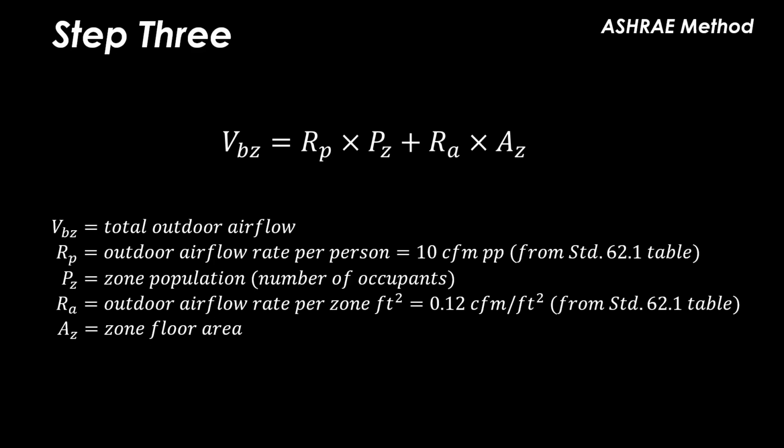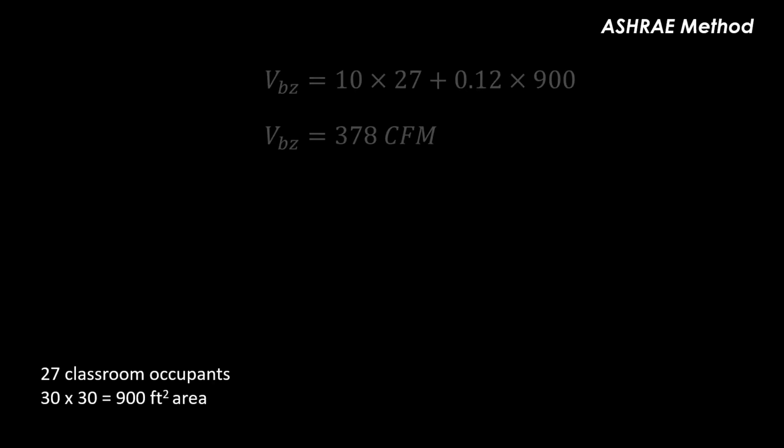This equation simply adds a ventilation rate per occupant to a rate per unit of floor area to calculate the total outdoor airflow to the space. This results in an outdoor air requirement of 378 CFM for our example classroom.